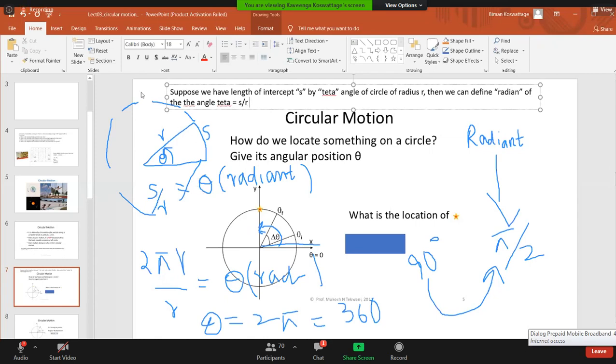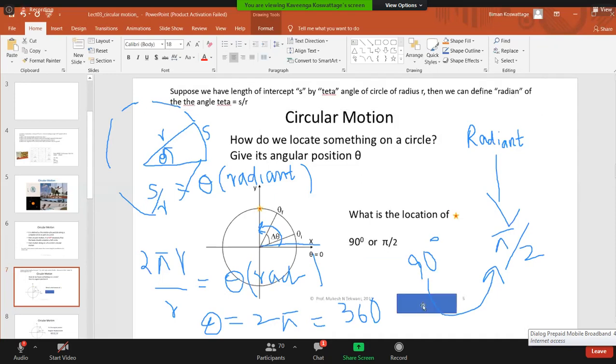If s is equal to 2 pi r, one circle, angle is 360, then theta we can get as 2 pi. So this is a relationship. 2 pi equals 360. So you can define anything, right? So here, which is 90 degrees or pi divided by 2. So please write these things in your notebook. Right?